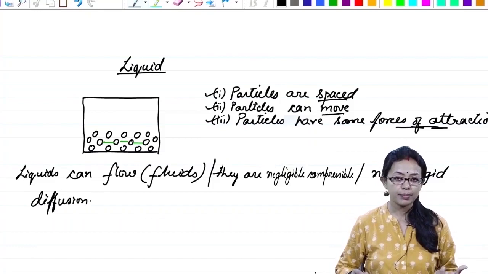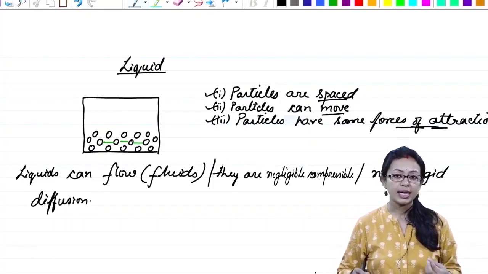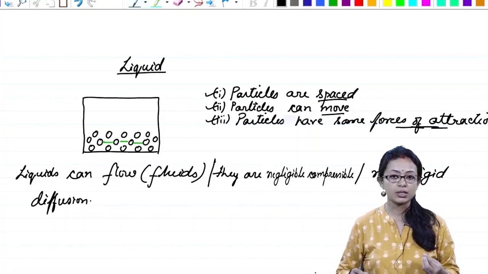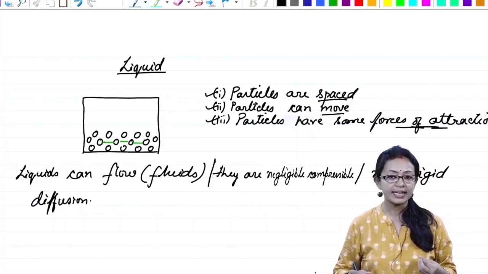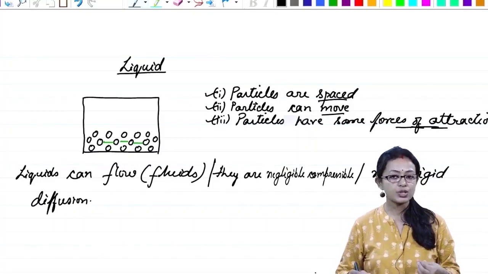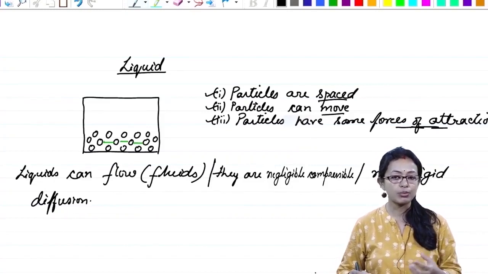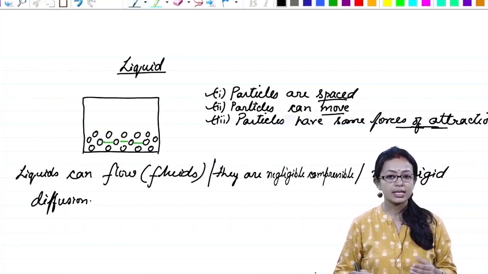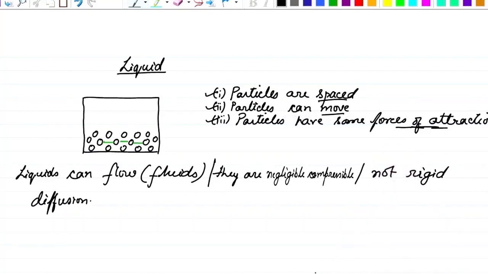Because the higher the temperature, the more energy is available in the particles, and thus the particles would have more kinetic energy. And due to more kinetic energy, the particles will move at a faster rate. The continuous random motion that the particles execute will be faster. And due to which we find that the rate of diffusion in liquids is more than in the case of solids.